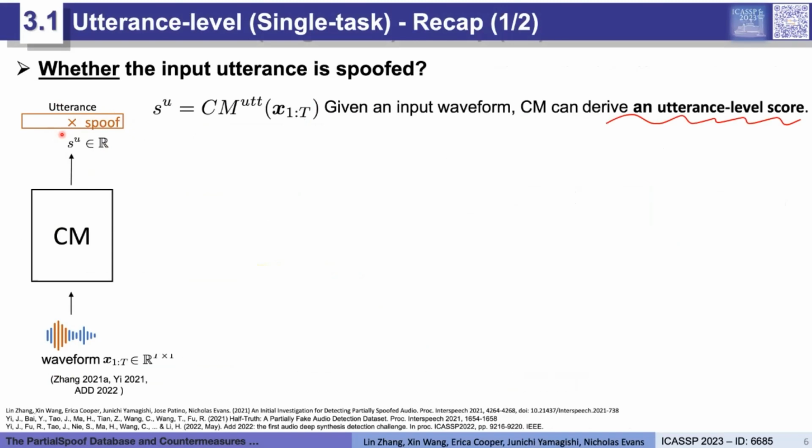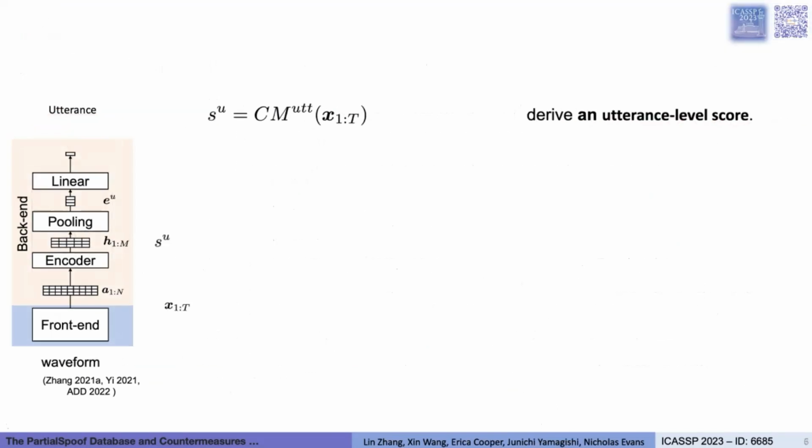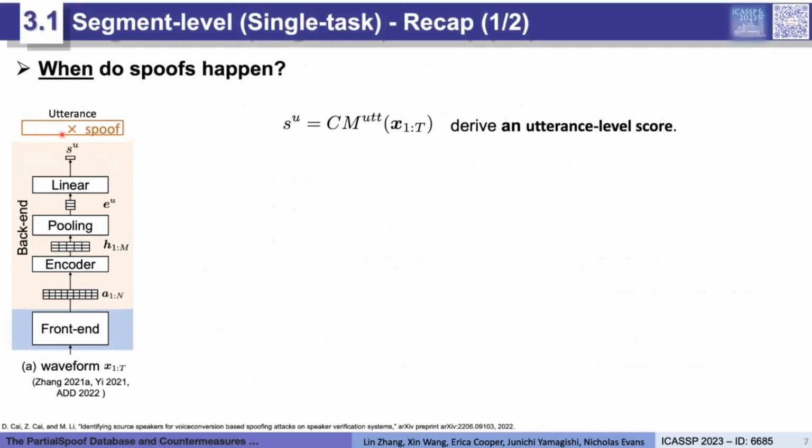The countermeasure usually consists of two parts, front end and back end. For the second question, when do spoofs happen? We also need a countermeasure, but the output should be a sequence of segment-level scores. That means one score per segment.